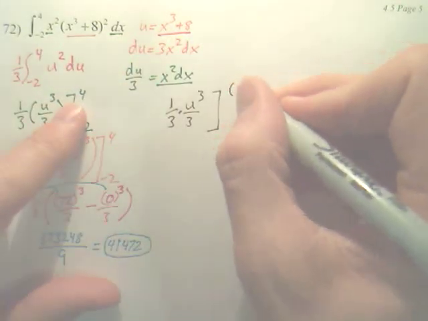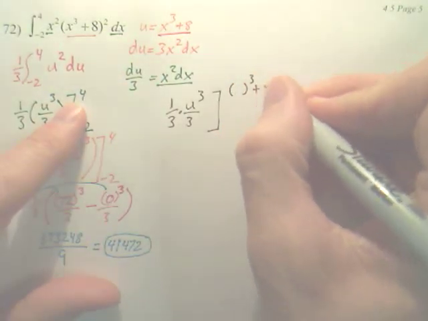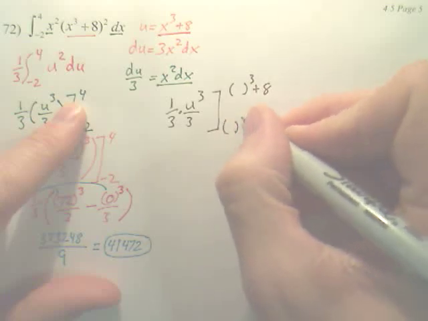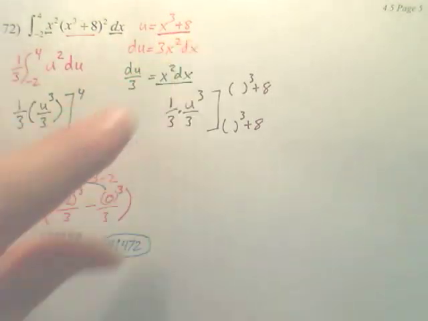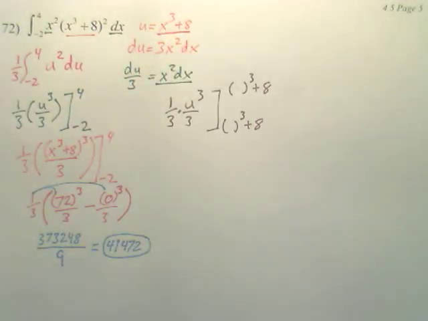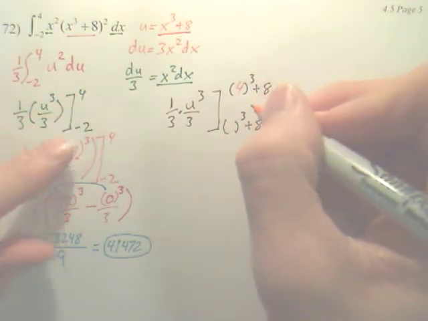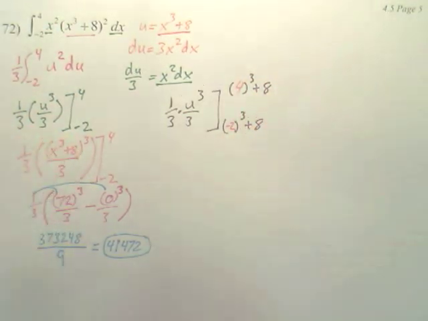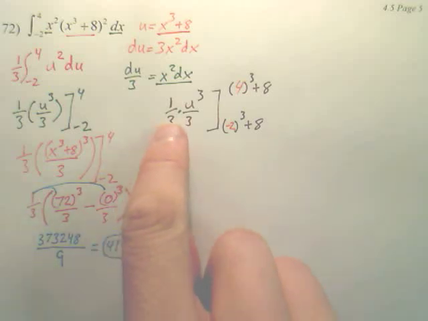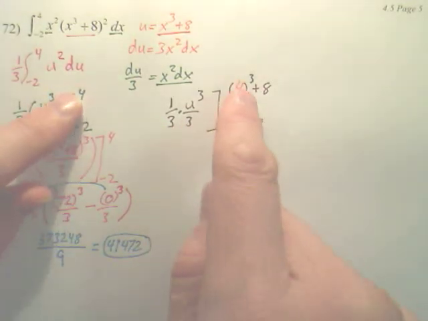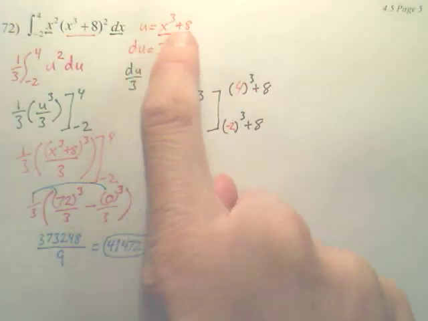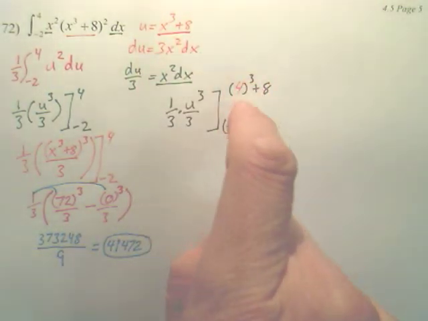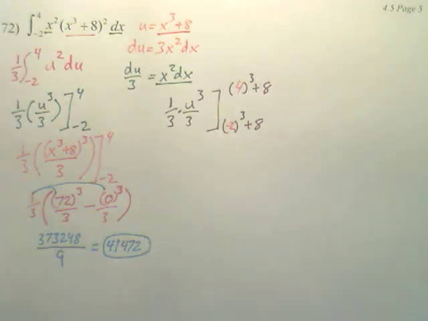So I'm going to take this 4 right here, plug it into u, and this -2 and plug it into u. So I left this, except I'm changing my interval and leaving it in terms of u.